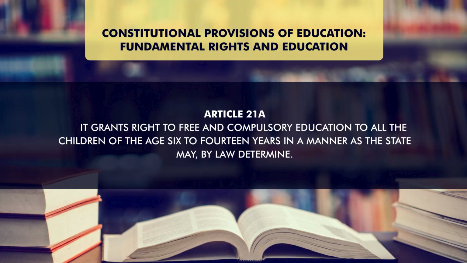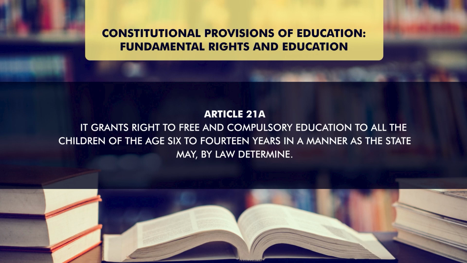Now let me focus upon a very important fundamental right in education, that is Article 21A. I was talking earlier about the right to free and compulsory education to all children of the age of 6 to 14 years in a manner as the state may by law determine. Try to understand. Earlier, Article 45 said to provide free and compulsory elementary education to all children in the age group of 6 to 14.